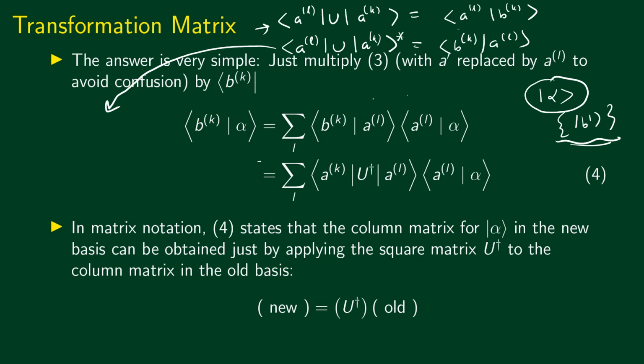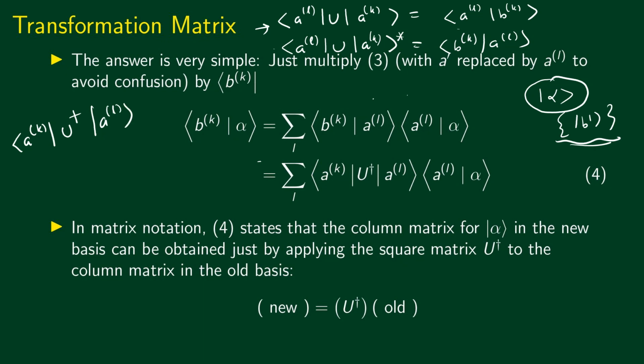So this ket a_k will become a bra a_k here, and U will become U dagger. An operator has to be replaced by the corresponding Hermitian conjugate. And this bra a_l will become a ket a_l here.